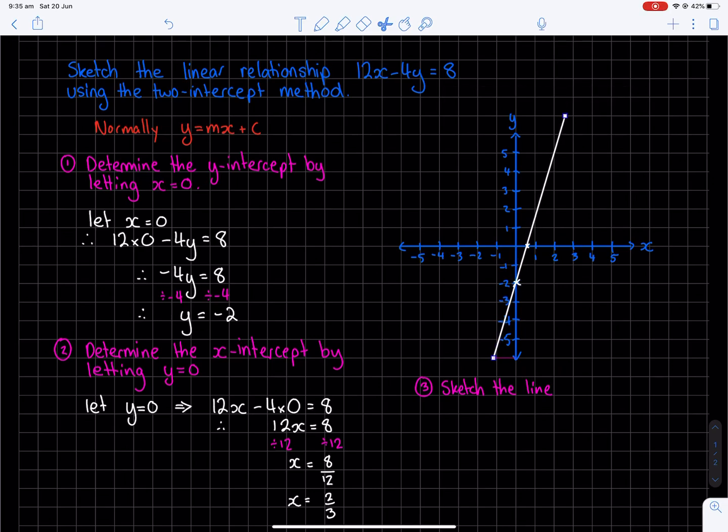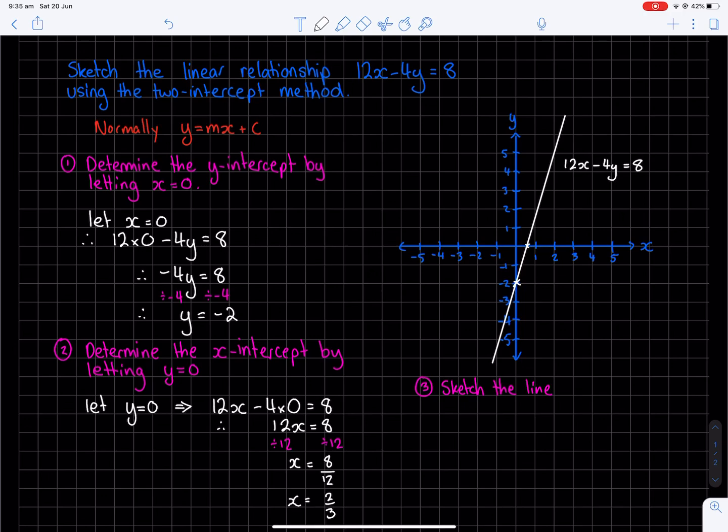Approximately that, and it's snapping to different areas, but you get the gist, it's about there. And that's my straight line, which is represented by 12x minus 4y equals 8.